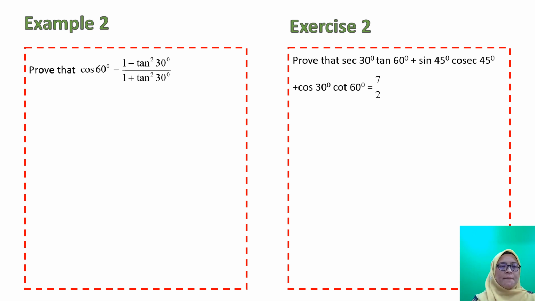Okay, so example 2. So we have to prove that cos 60 equal to 1 minus tangent square 30 over 1 plus tangent square 30. Okay, so kita ambil daripada left hand side. So cos 60. Okay, so kita refer balik diagram tadi.